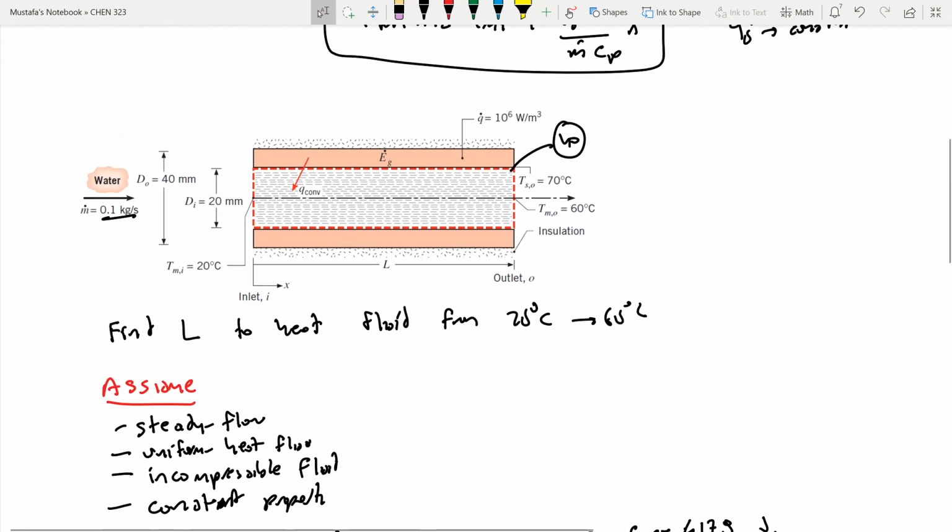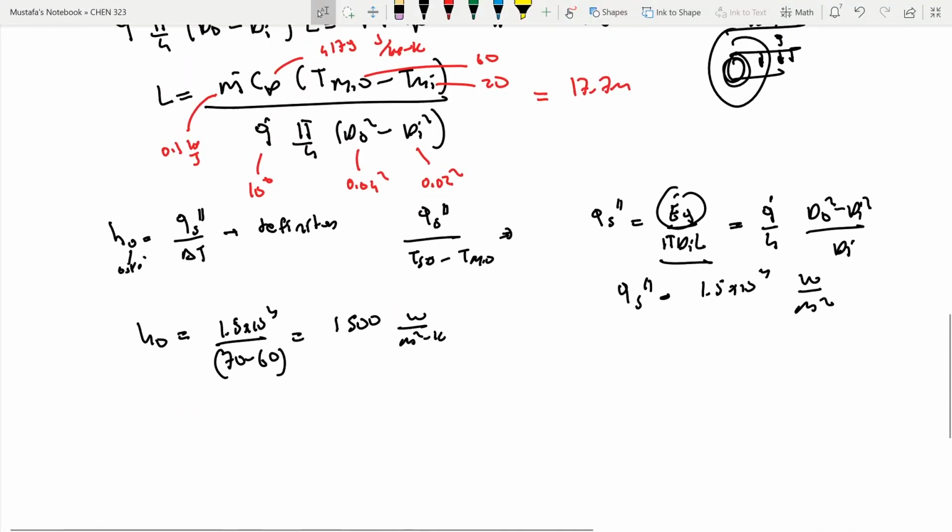In the first part we calculated the length, but we also wanted to calculate the h naught at the outlet. We use the definition of convective transfer coefficient, heat transfer rate divided by delta T, and then we calculate heat transfer rate, and we have h naught.